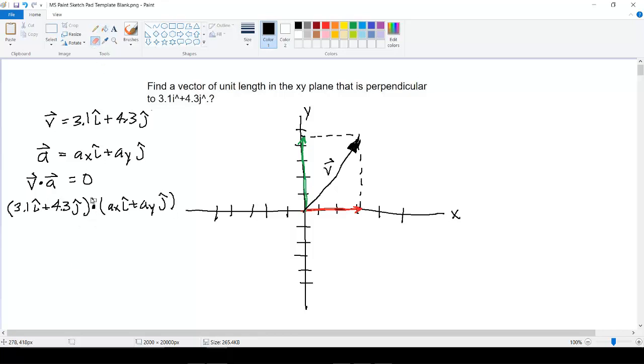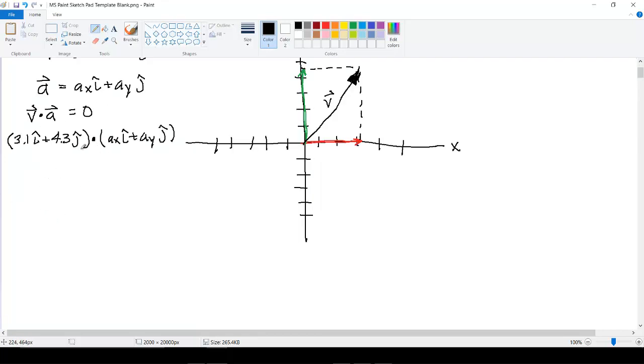The way dot product works is you take the x components and multiply those, and then you take the y components and multiply those, and then you add the results. So it's 3.1 Ax plus 4.3 times Ay. Remember, we want this to be perpendicular, so that has to equal 0.